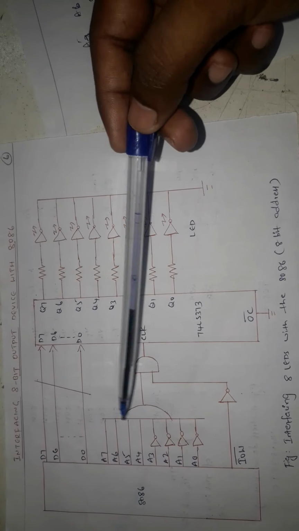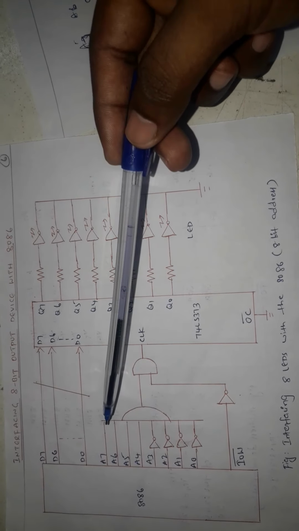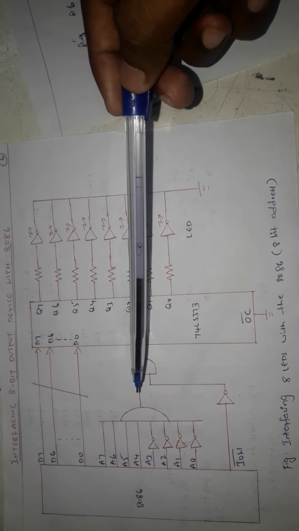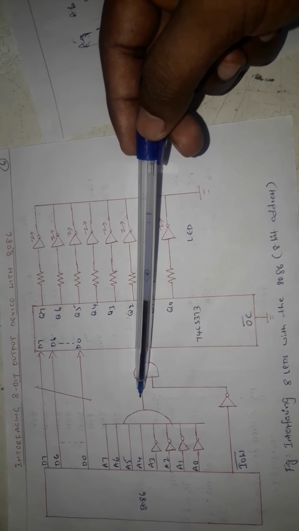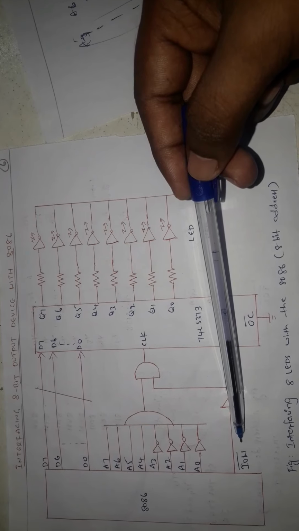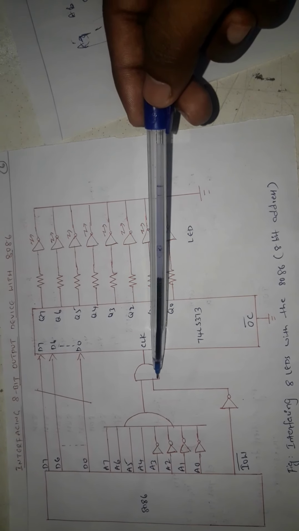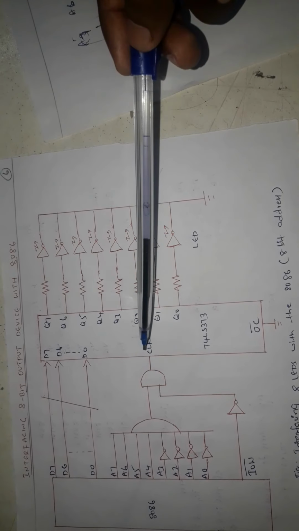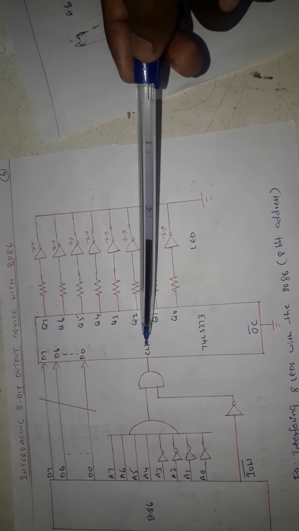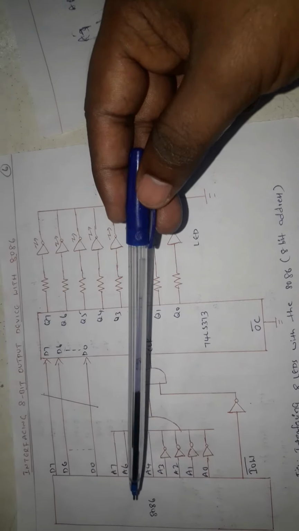So whenever the address is available on the address lines, we will get 1 at the output of the AND gate, and from the IO write signal also you will get 1 at the input here. So when both ones are applied, the clock gets enabled. When the clock gets enabled, the latch gets selected. So whatever data is available at the inputs of the latch, from the processor we will get the data D0 to D7.